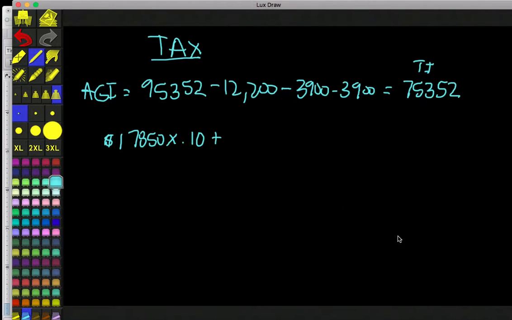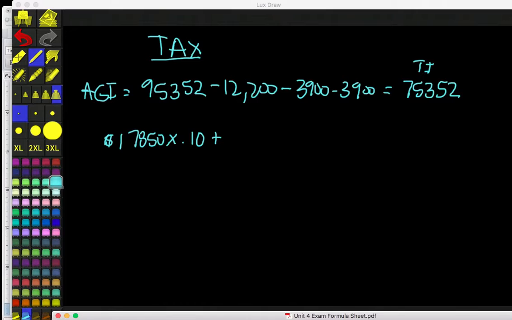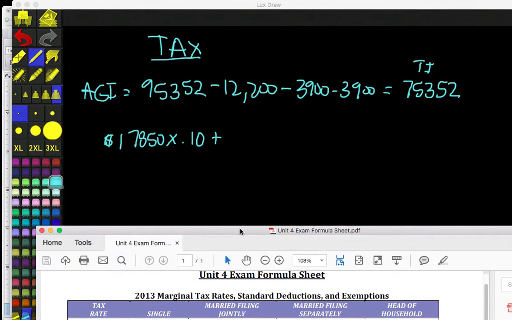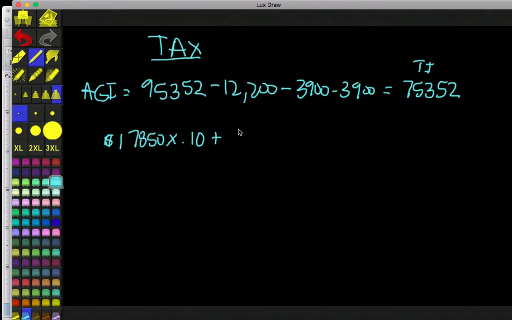Then I'm going to find my next section. My next section is going to be taxed at 15%, goes clear up to 72,500. So I'm going to subtract what I've already taxed at 10% from the 72,500. So I do parentheses, 72,500 minus 17,850.